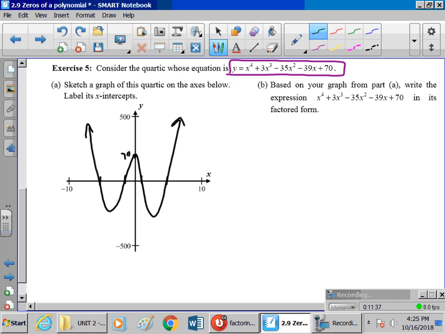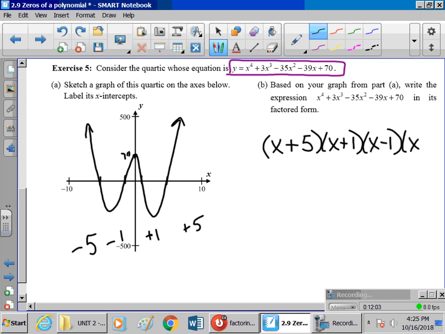So now we can use the information we get from our calculator to find out what the factored form is. So we know our roots were +5, -5, -1, and +1. So what does that look like in factored form? Well, x plus 5, x plus 1, x minus 1, and x minus 5.